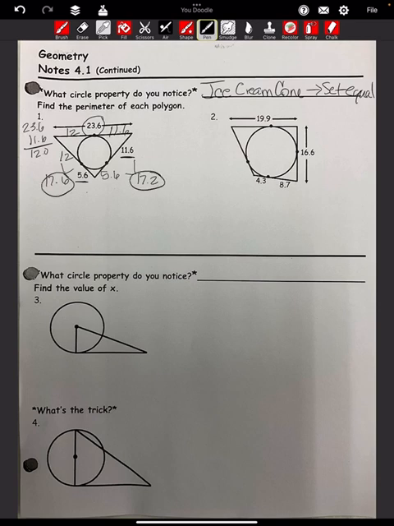So again, these are our 3 measurements, 17.6, 17.2, and 23.6. So now we're going to add all these together and get perimeter equals 17.2 plus 23.6 plus 17.6. So if we add all that together, we should wind up with a perimeter of 58.4. All right. So again, we're going to be using the information there to find the perimeter of a figure.